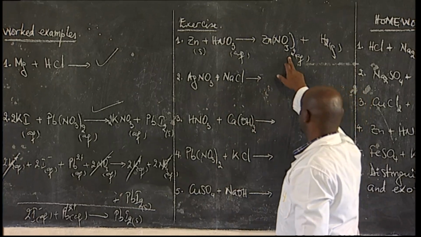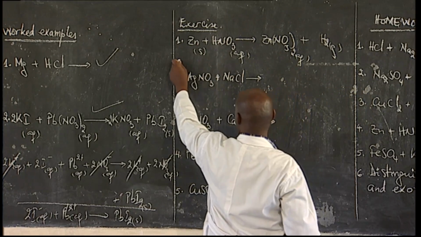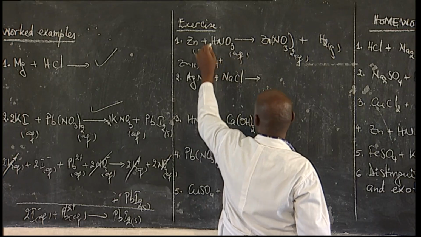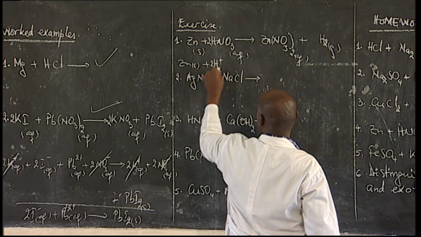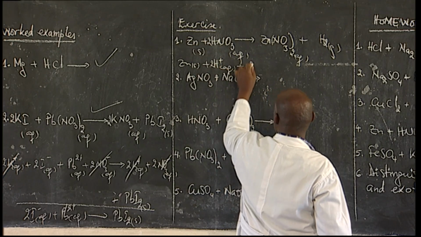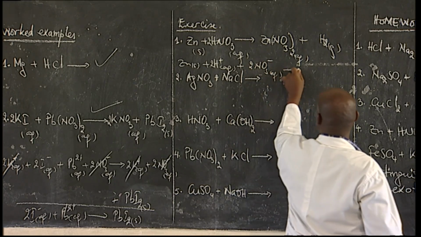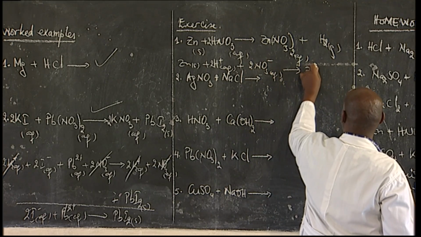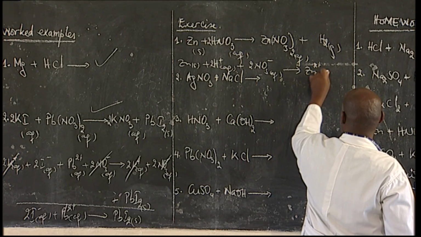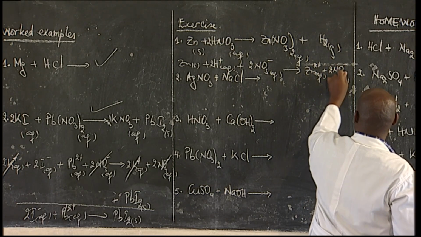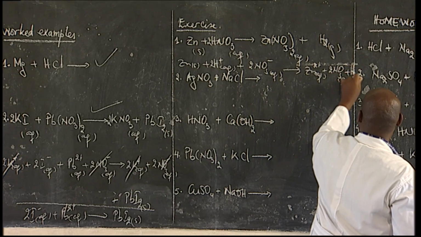The nitric acid is aqueous, so we have zinc solid plus H positive plus NO3 negative, and we produce zinc 2 plus, 2 nitrate ions and hydrogen gas.